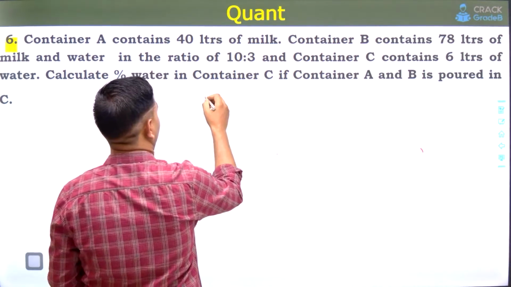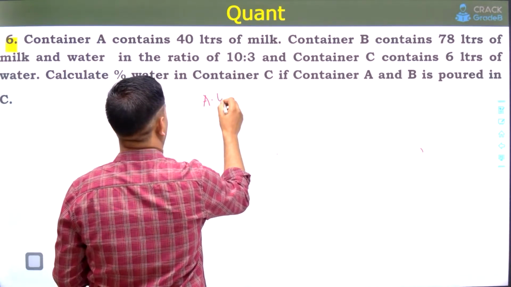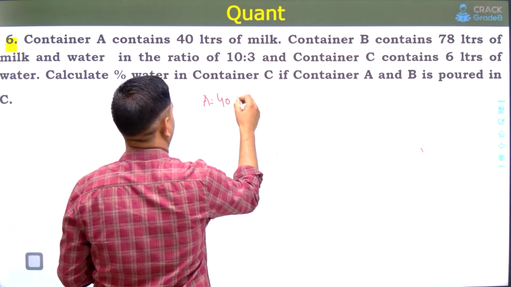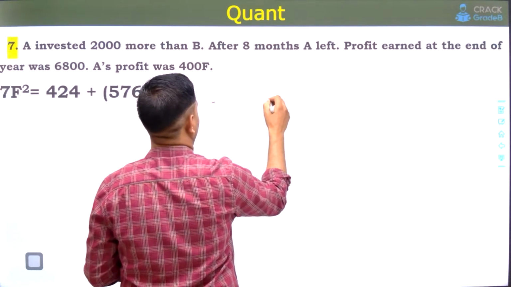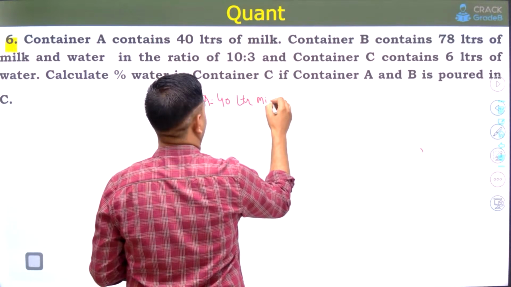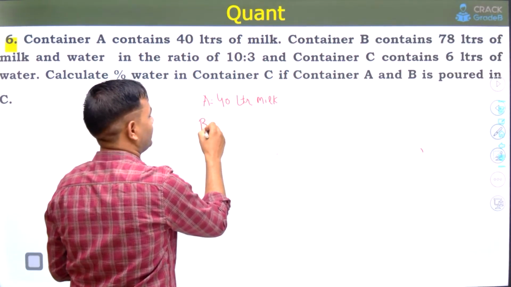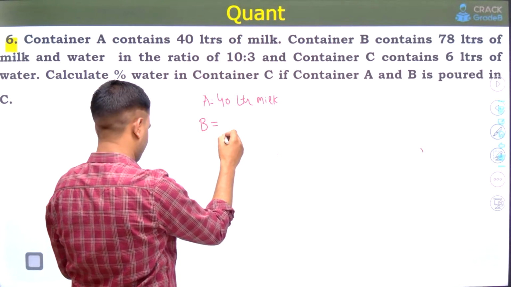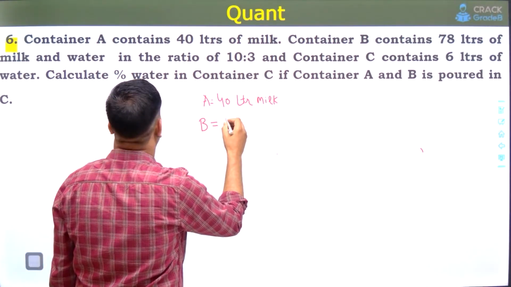Let's start. A container contains 40 liter of milk. B contains 78 liter of milk and water.